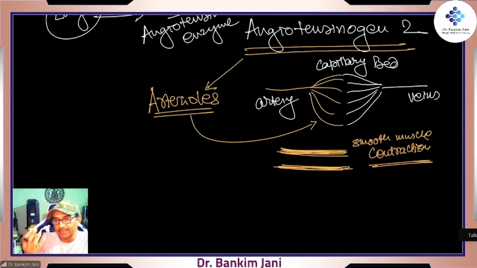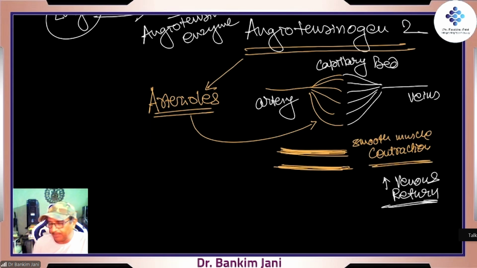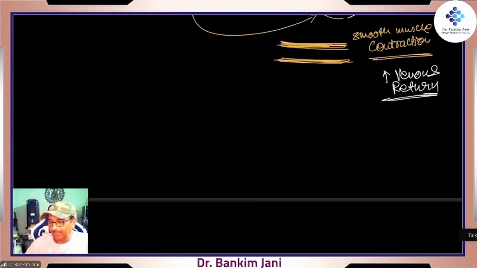When they contract, the entire pool of blood would be pushed, because now this is squeezed. In simple words, it will lead to increased venous return. Because now this is constricted, the blood will be pushed into the venous system.